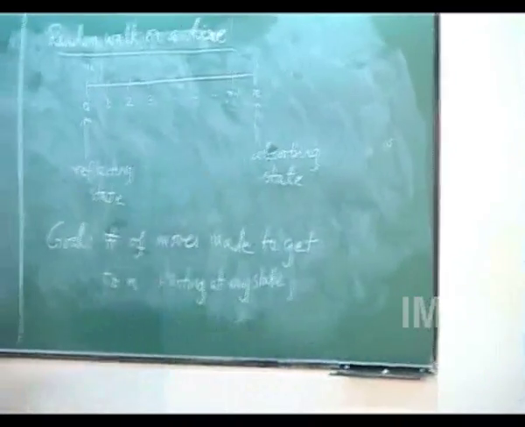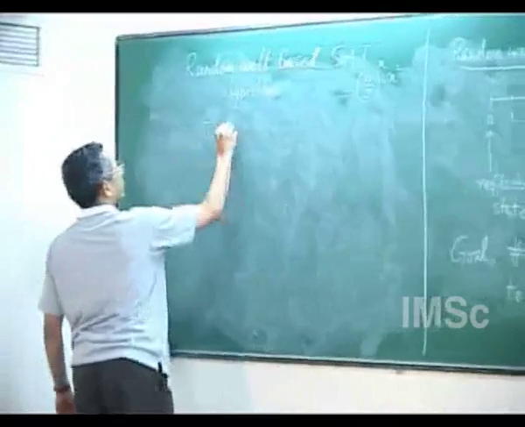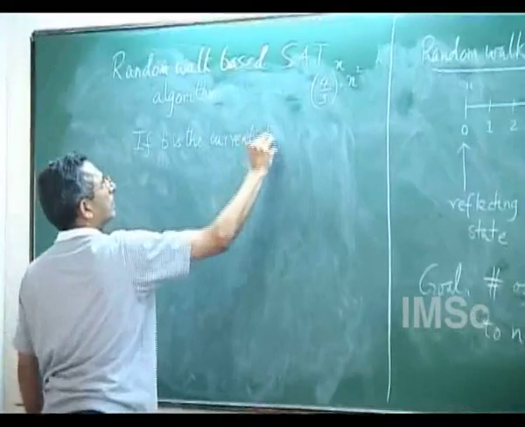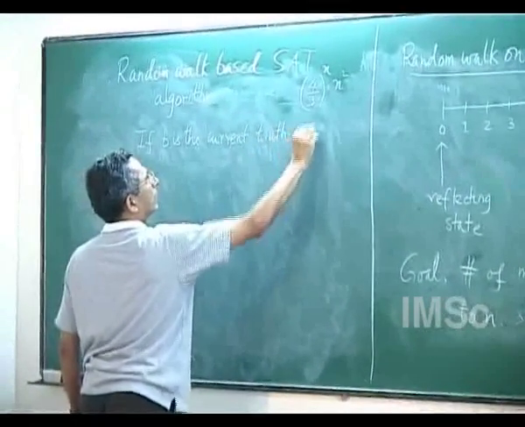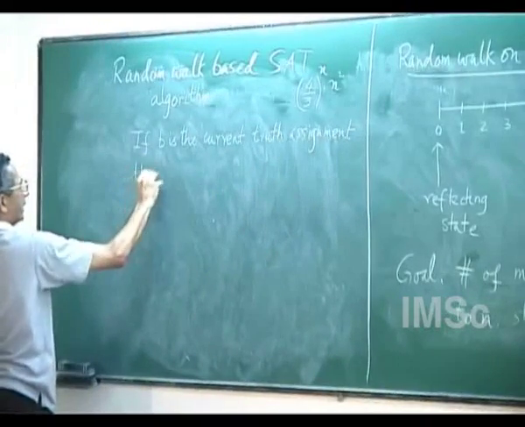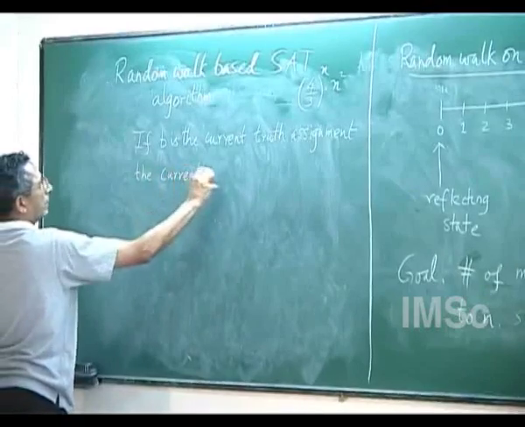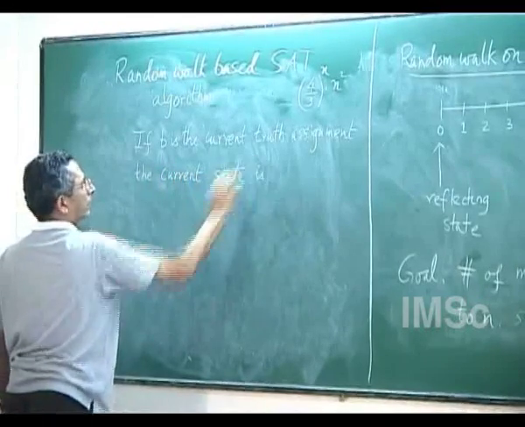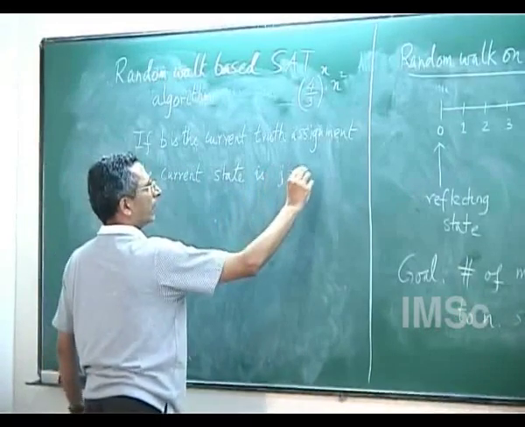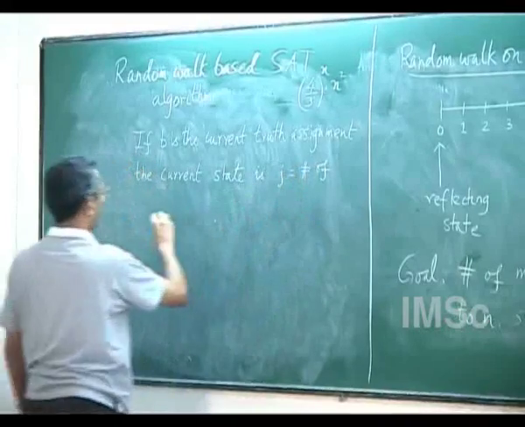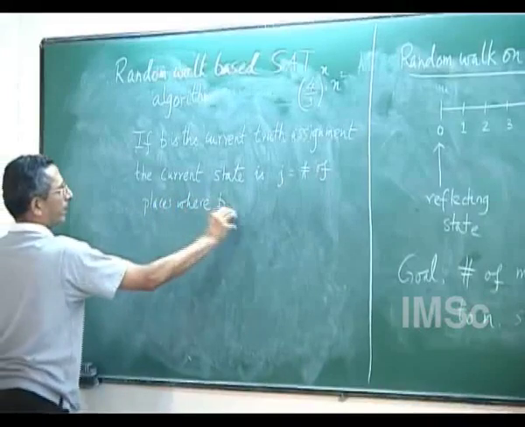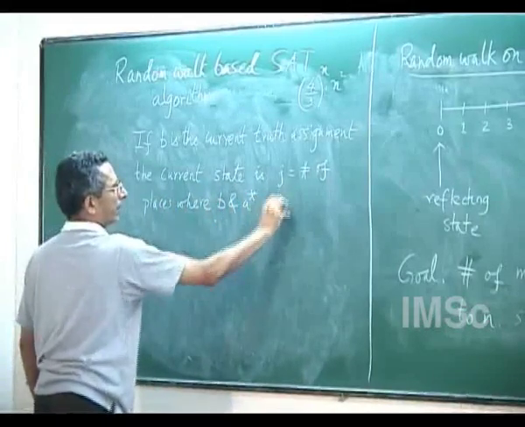So if B is the current assignment, the current state is j, which is equal to the number of places where B and A star agree.